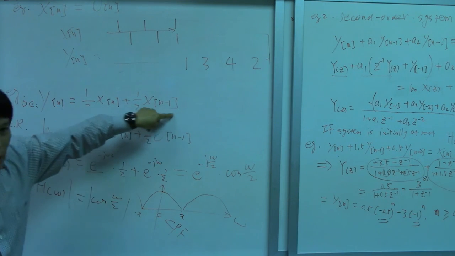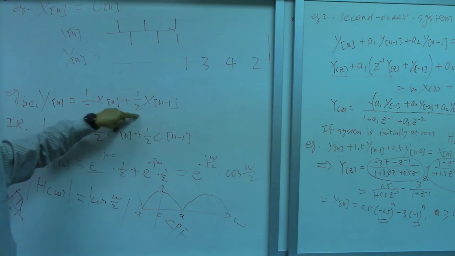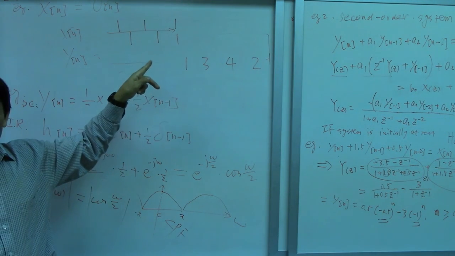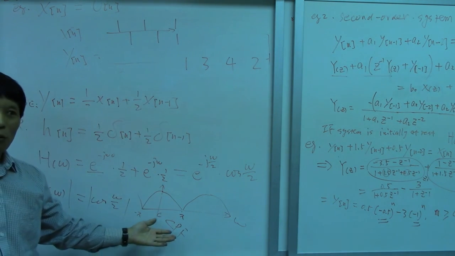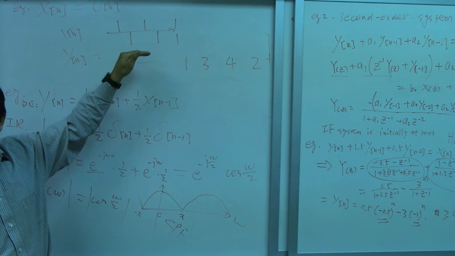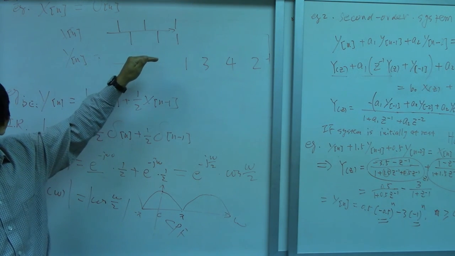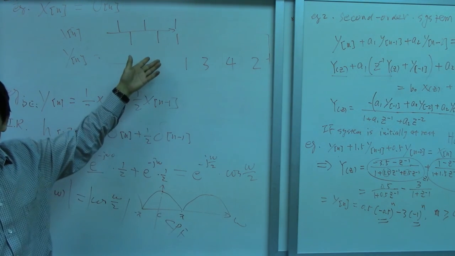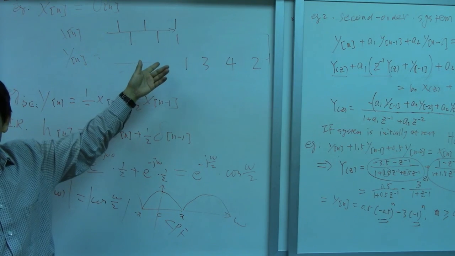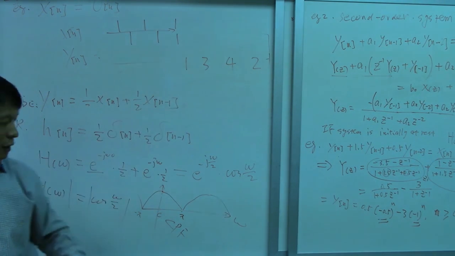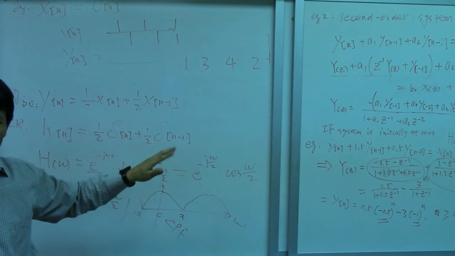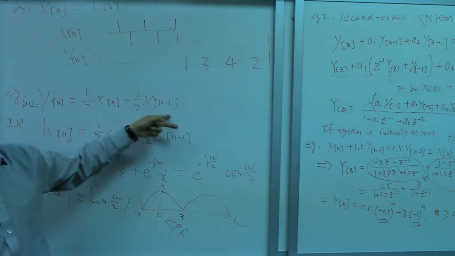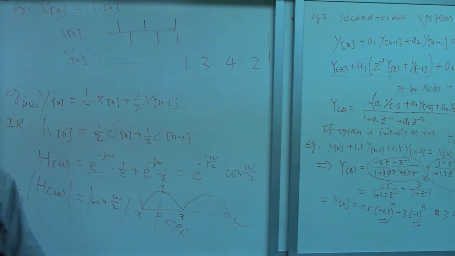If you use this system, the moving average, we know this is a low-pass filter. So you filter out the AC component and you have the DC left. If I give you some discrete digital signals with AC noise inside, you are going to use this algorithm to filter that out.